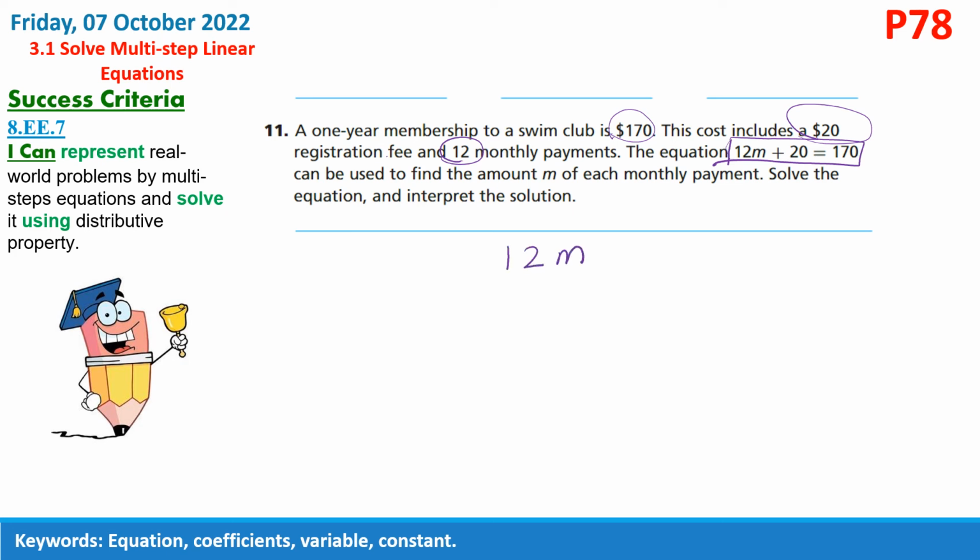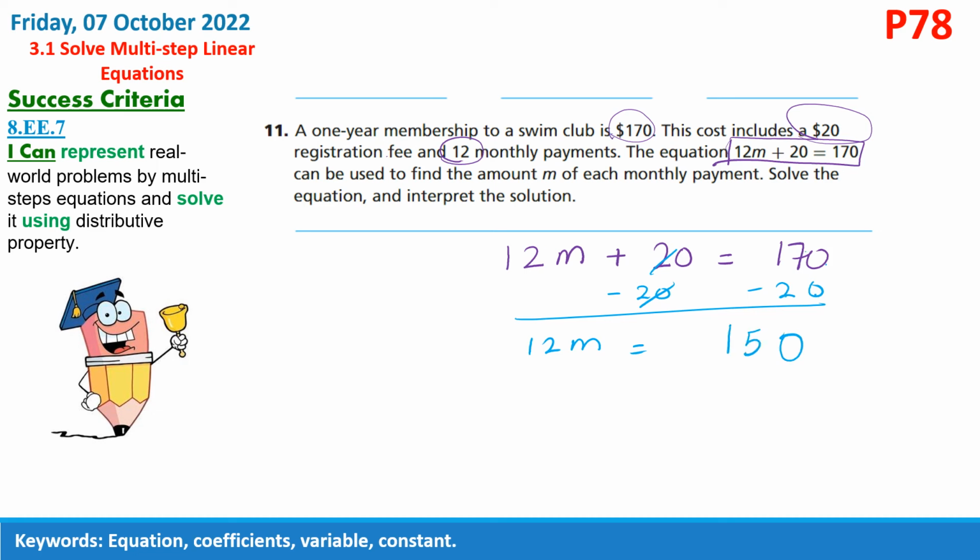Before, I forgot to interpret, but here I will explain how to interpret. Okay, so get rid of this plus 20. What we will write? Minus 20 here, minus 20 here. So 20, 20 cancel. What is left? 12m equals 170 minus 20: 0 minus 0, 0. 7 minus 2, 5 and 1 down, so 150.